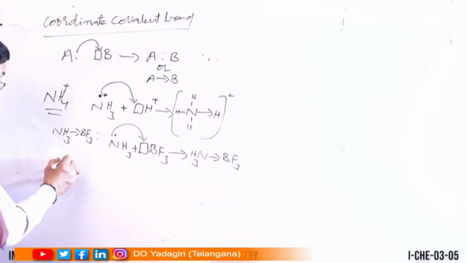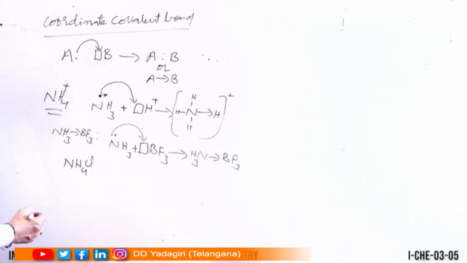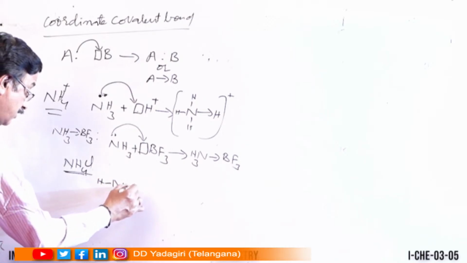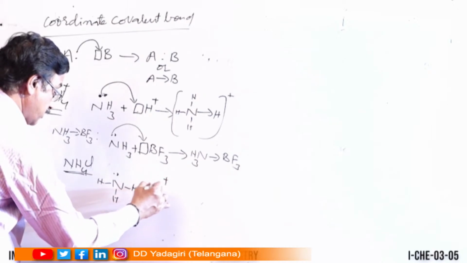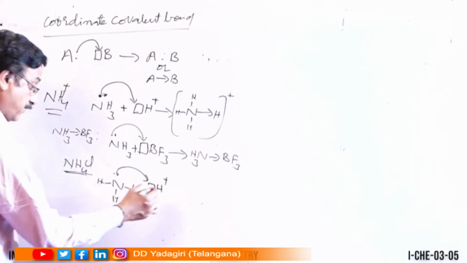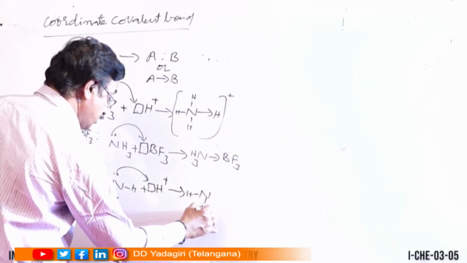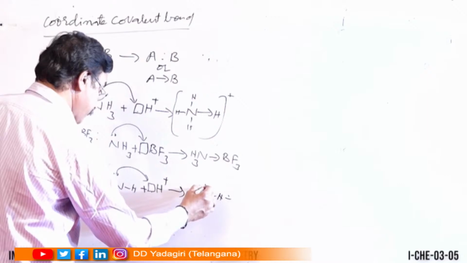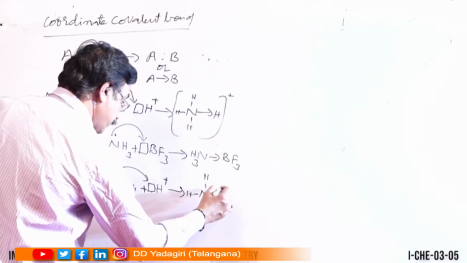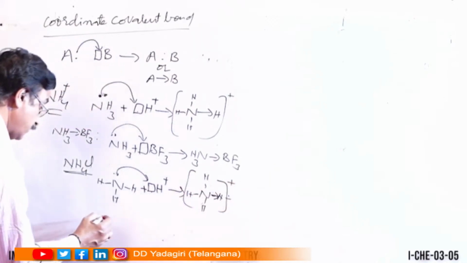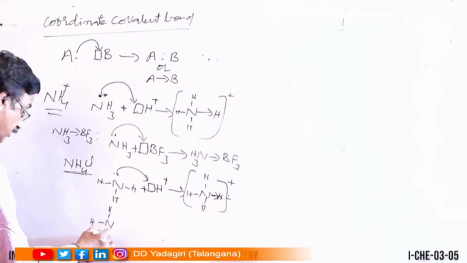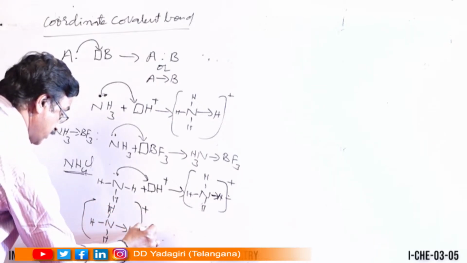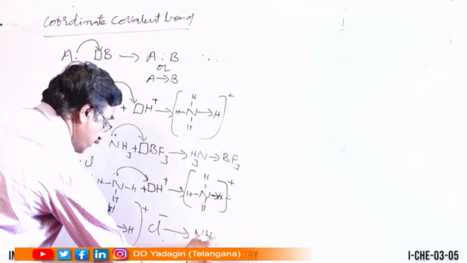For example, NH4Cl. Here NH3 has a lone pair and H plus has a vacant orbital, so NH3 is donating the lone pair of electrons to H plus, giving NH4 plus, and with Cl minus this gives NH4Cl.